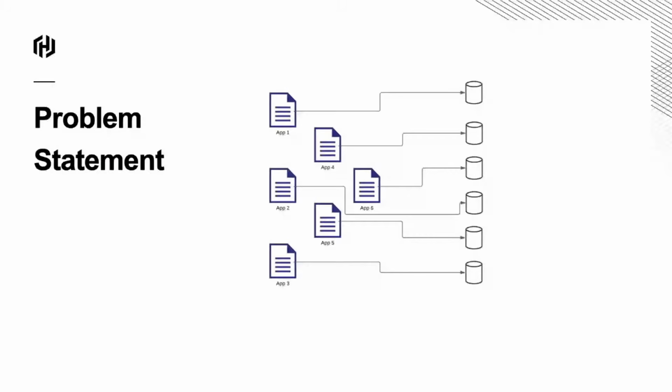Cool. So here we have a typical layout of how an application may try and talk to a database. The problem is all of the applications here need some sort of database credentials to authenticate and speak to that database. To get around that, we move to a secrets management way of doing things, which is where HashiCorp Vault comes in.